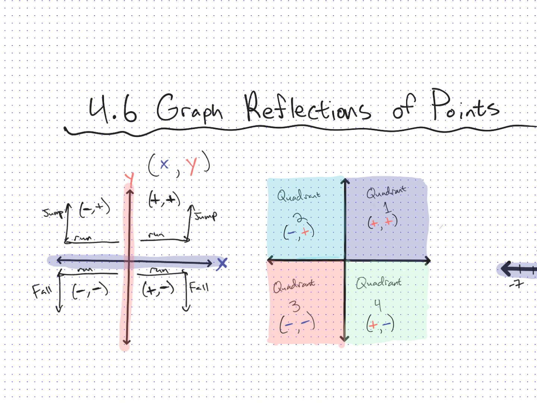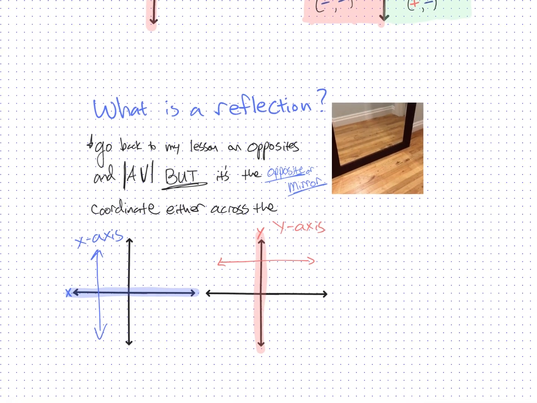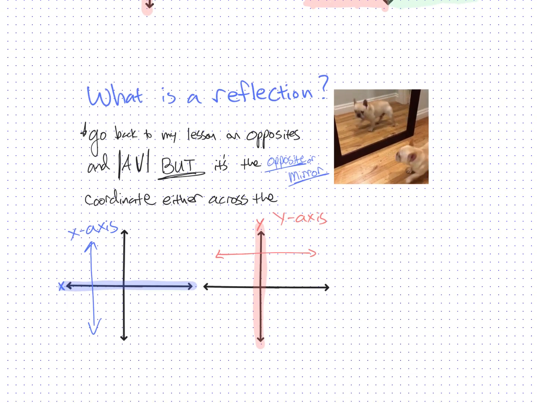So determining whether we're running or jumping to find our points. Now, exactly what is a reflection? And no, it's not walking past your mirror and being terrified of what you see. With this, it is the opposite or the mirror of the point that you have.